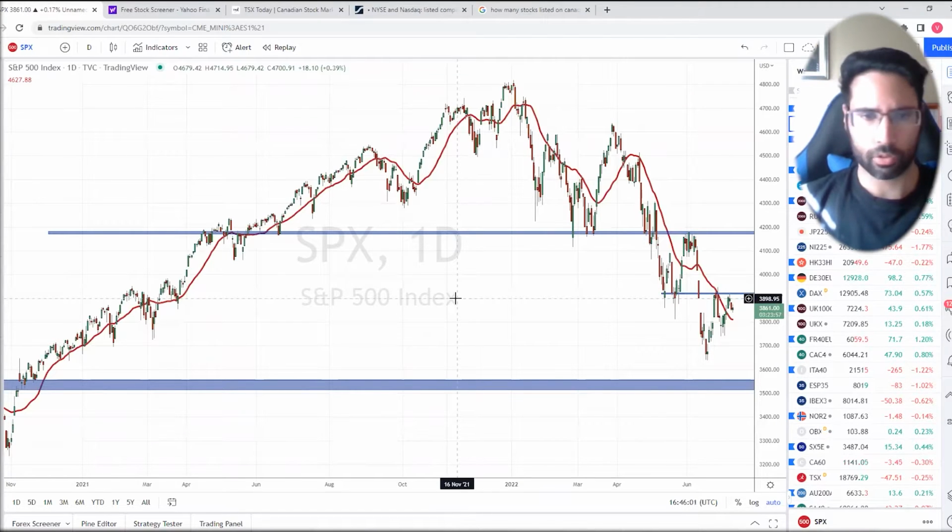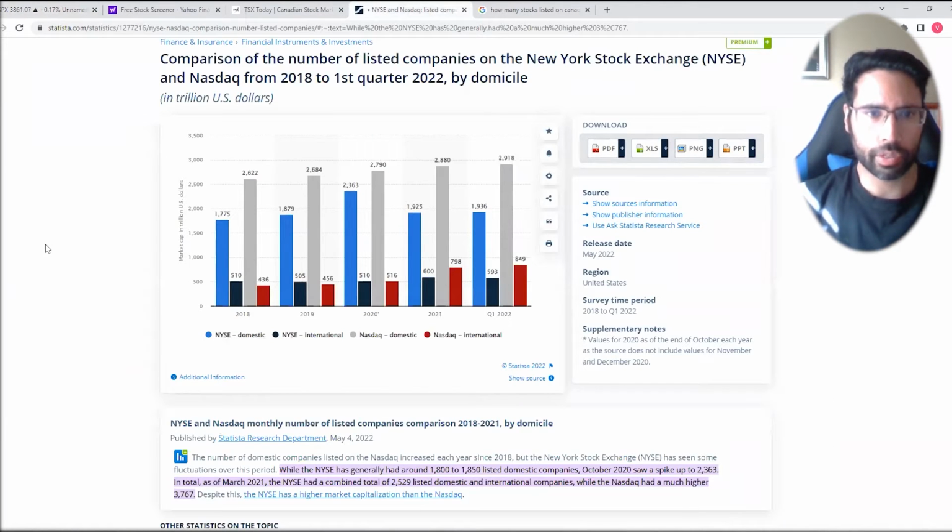I think it's obvious, but why would someone want to use a stock screener? Well, if we look at this chart here on how many stocks are listed on the US exchanges, we're talking about thousands of different types of stocks. So it's hard to keep track of that many stocks to determine what's moving and what's meeting your criteria.